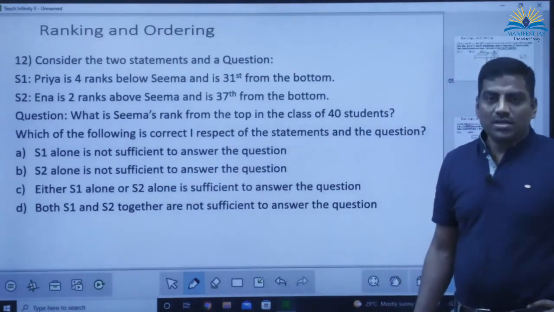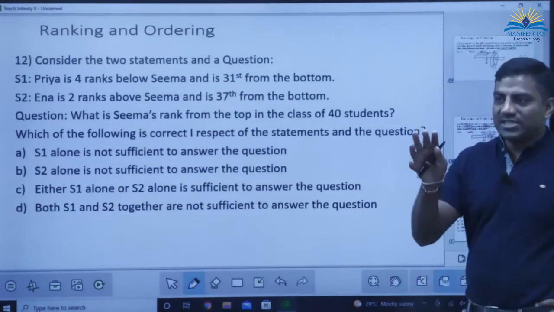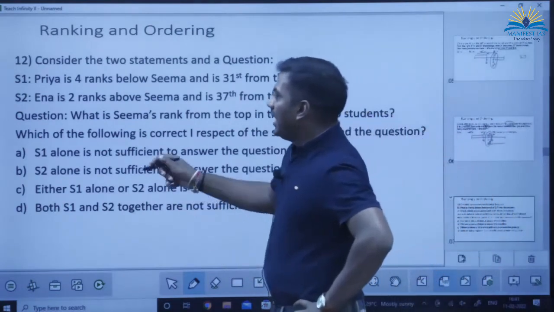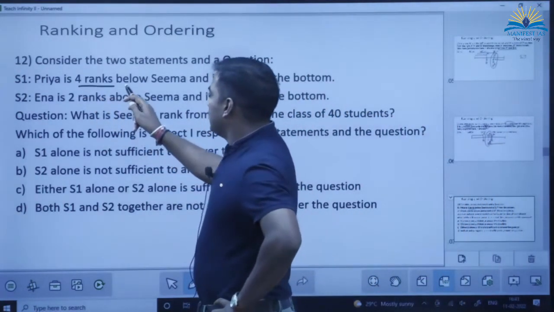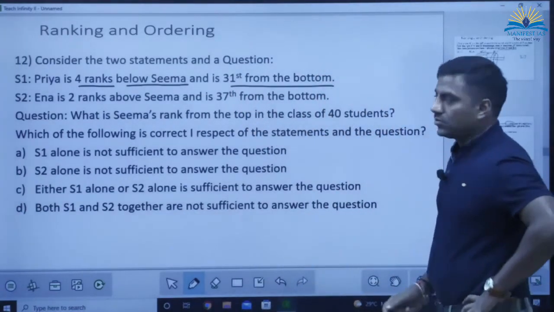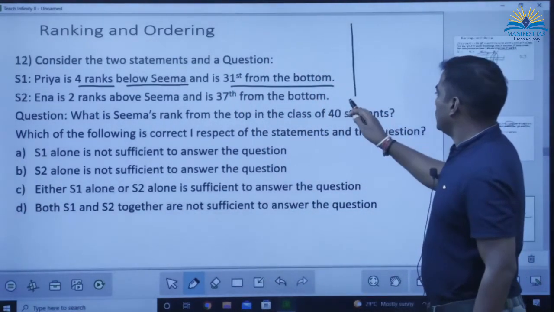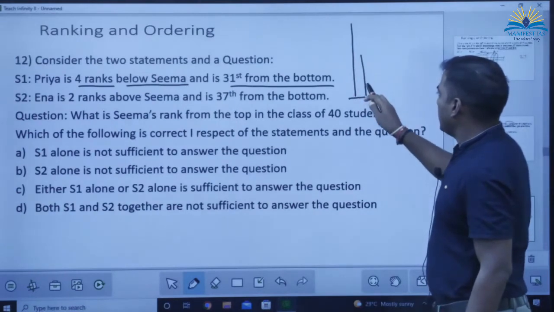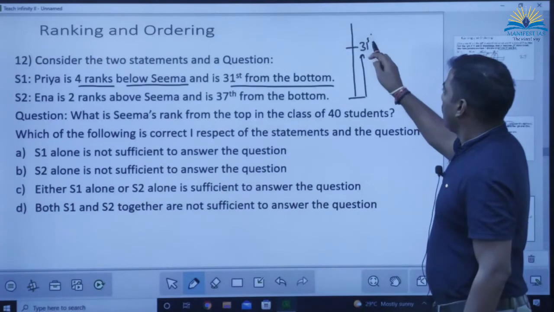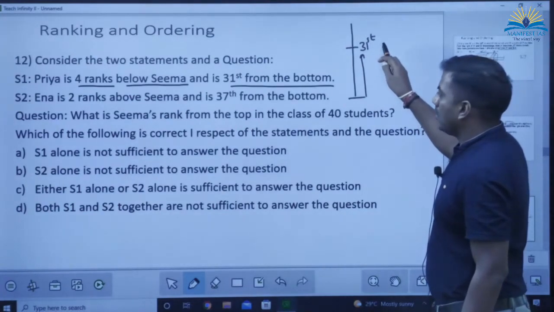Again, the caution: you have to read the first statement, then go to the question. Priya is 4 ranks below Seema and 31st from the bottom. First of all, she is 31st from the bottom, who? Priya.